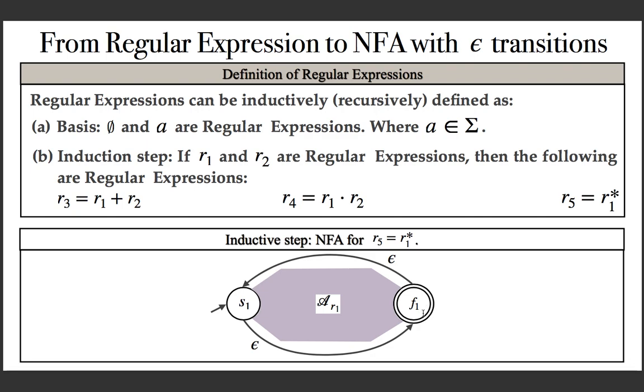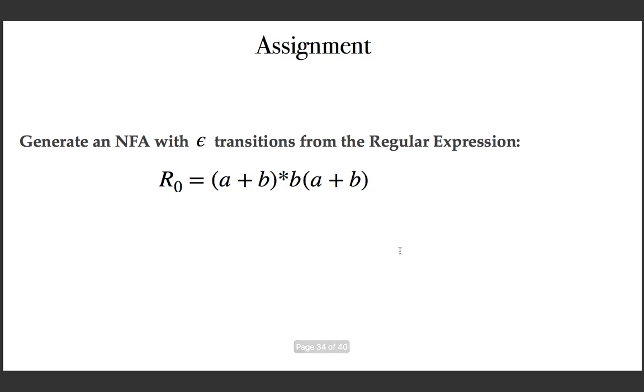Similarly, I can accept L raised to 3, L raised to 4, etc. So it's very easy to observe that this new NFA is accepting the language of R1 star, and hence we are done. Here again you can use the principle of mathematical induction to prove the correctness of the construction. And with this we are moving on to the last slide where I am giving you an assignment.